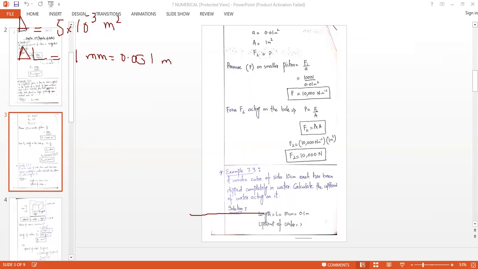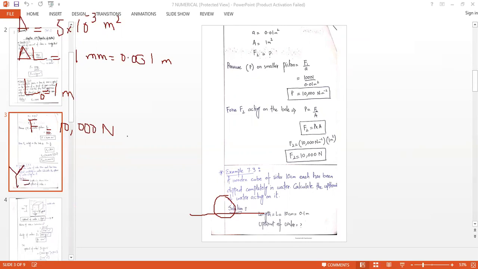Then the original length is 1 meter, and the force is 10,000 Newton. Find the Young's modulus.